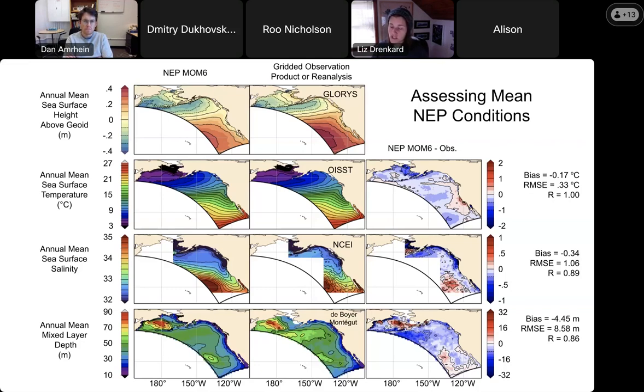I don't use particularly flattering color bars here for the differences, but we have the salinity differences between 1 and -1, and we're seeing really low biases near the really strong river inputs. So that's kind of encouraging that we're reasonably representing the mean state of the system, especially if you're looking at not necessarily the difference plot, but first starting off looking at the absolute state. We feel pretty confident we're reproducing the broad scale features.